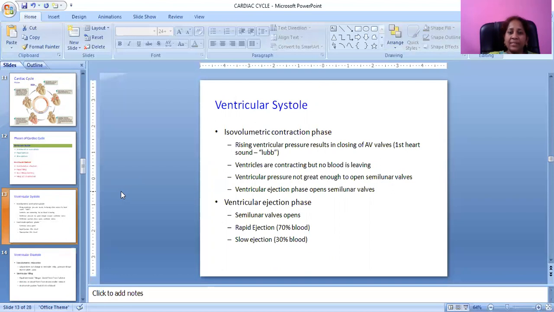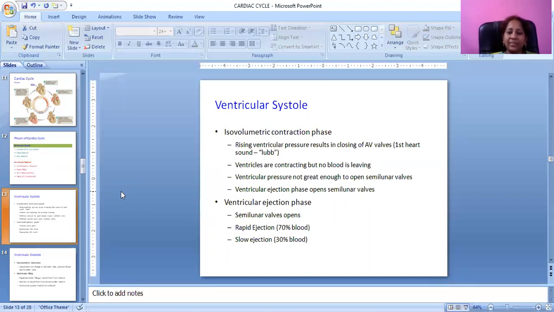Ventricles are contracting but no blood is leaving. Ventricular pressure is not great enough to open the semilunar valves. Ventricular ejection phase opens semilunar valves.